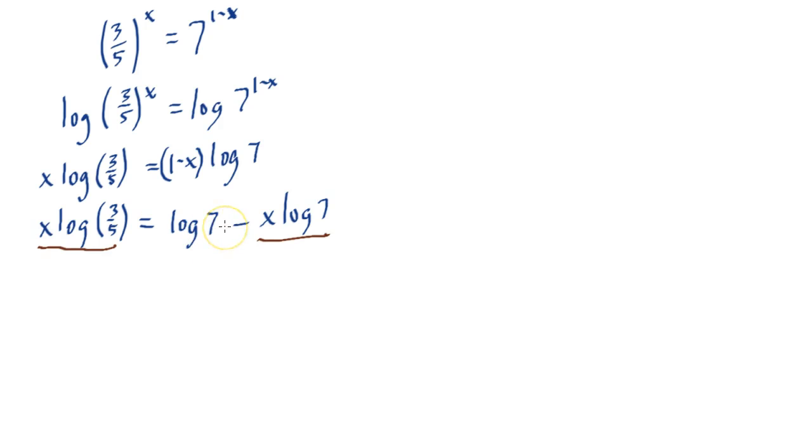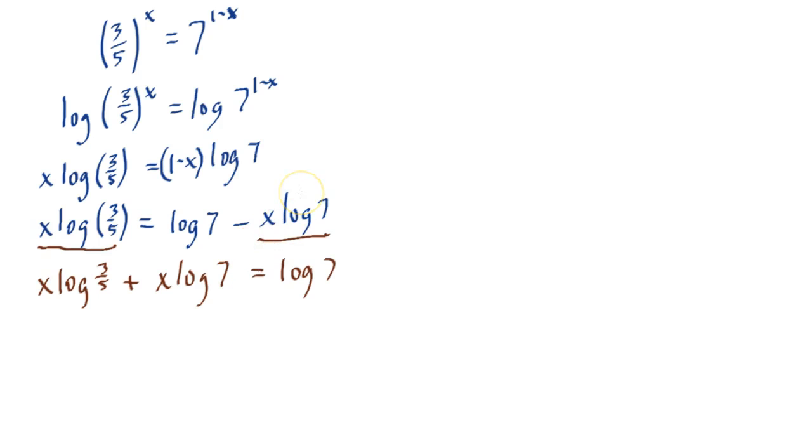So all the x terms on one side, all the non-x terms on the other side. So we have x log of 3/5 plus x log of 7 equals log of 7.